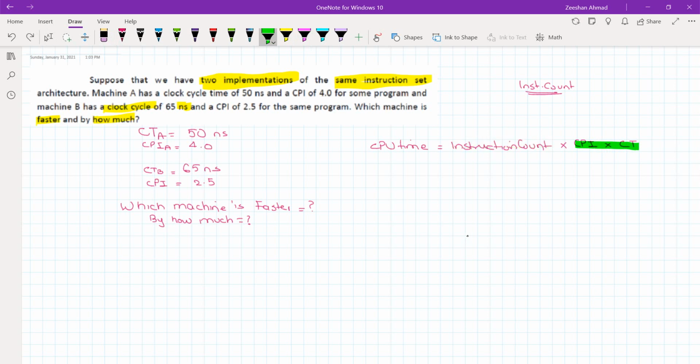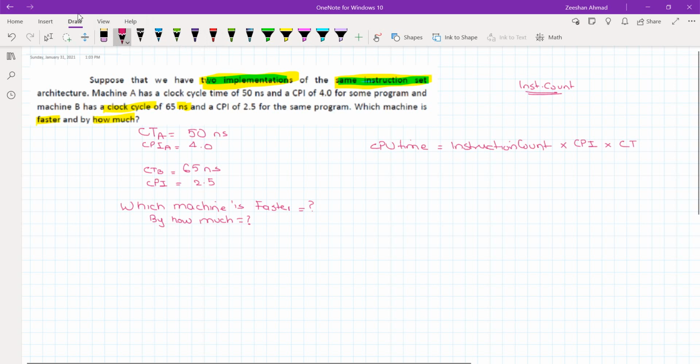Now, in the beginning, I have already told you that we have two implementations of the same instruction set here. So if the instruction set is the same, it means the number of instructions is also going to be the same here. So we assume the number of instructions to be n.